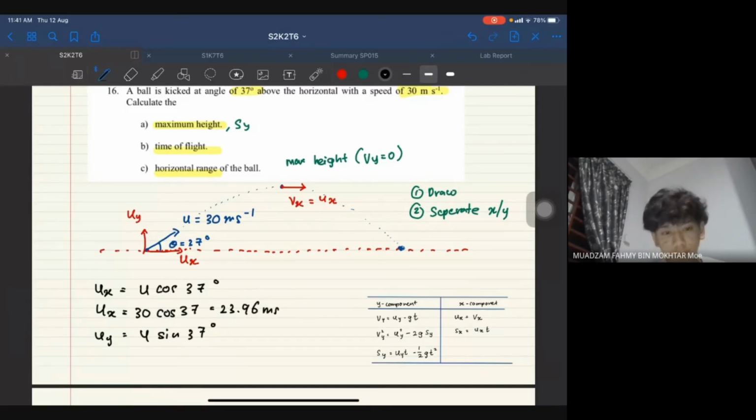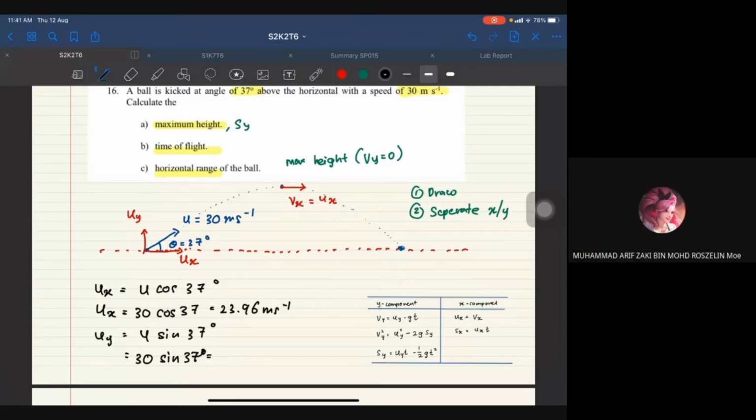You guys get the same with me? Dapat sama tak? Guys? Sama sir. So yang bawah ni 18.0.